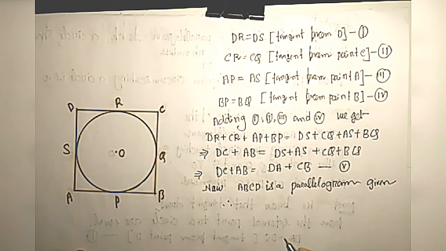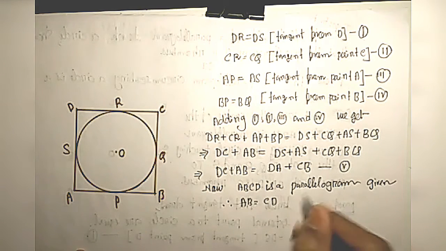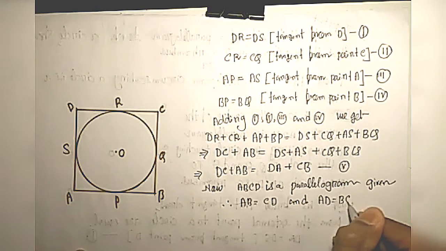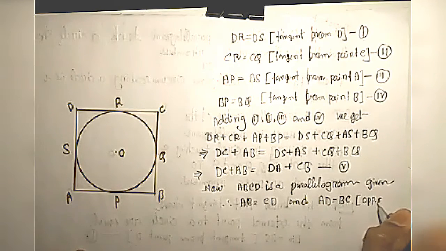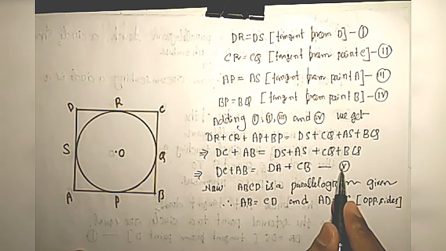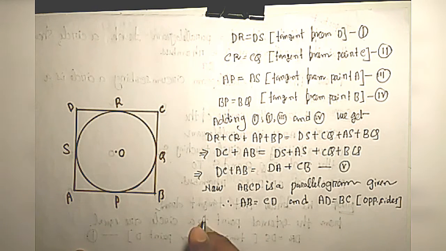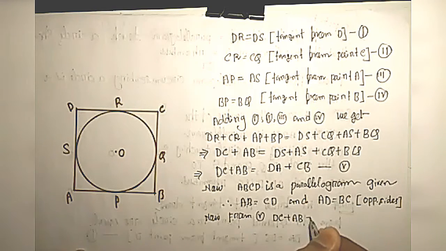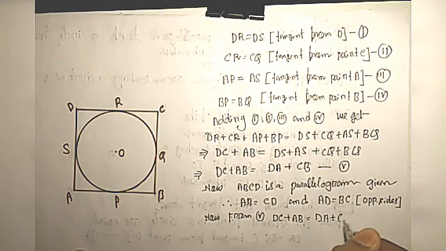Therefore AB equals CD, because these are opposite sides of the parallelogram, and AD equals BC, opposite sides of the parallelogram. But from 5 we can write DC plus AB equals DA plus CB.